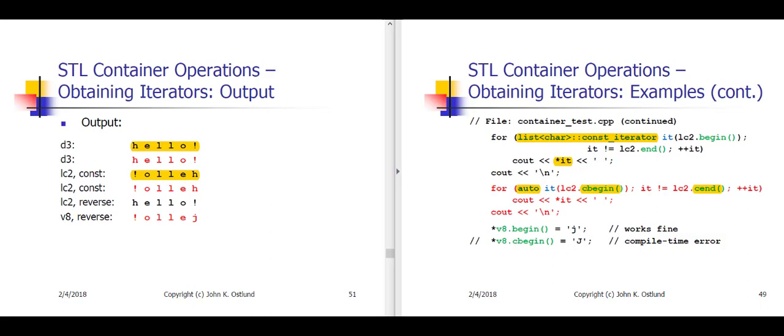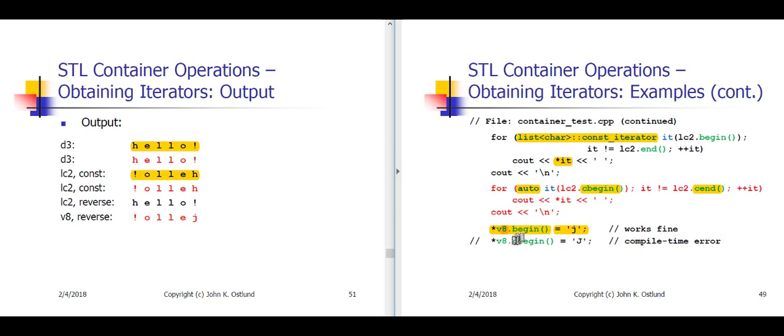Now recall that we initialized the vector of char v8 with the 6 chars HELLO exclamation mark. v8.begin is going to give me an iterator for the initial element in v8, and I can say star of that iterator to give me access to that char that v8.begin, quote, points to, unquote, and I can assign a different char in place of that char element.